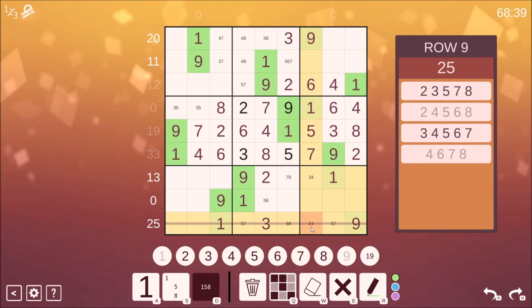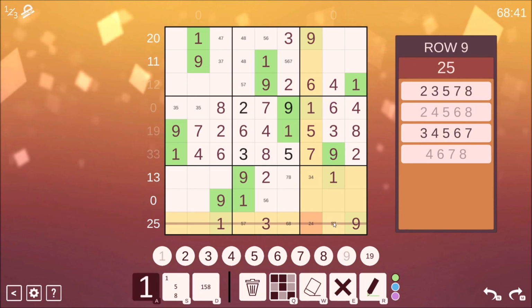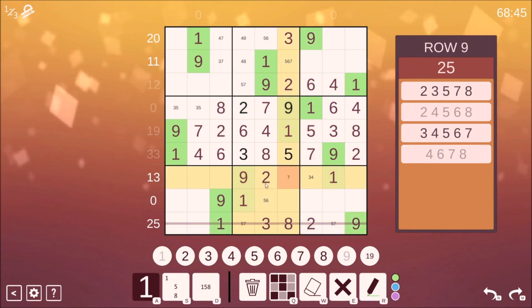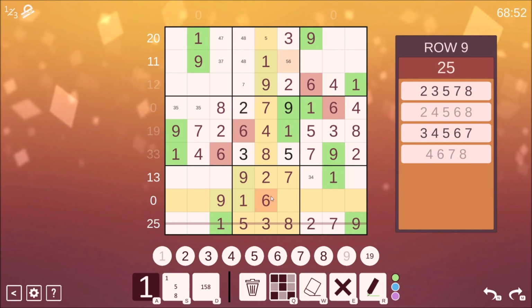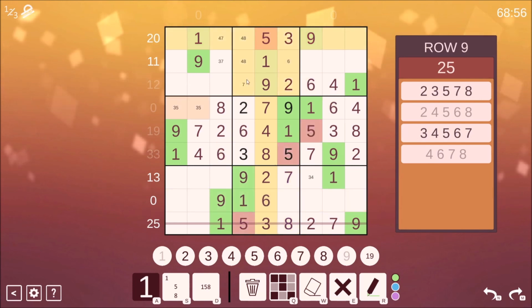So we actually cannot have a 4 here. This has to be a 2, 8, which gives us a 7, 5, 7, 6, and you can see our pencil markings are coming in useful that we made earlier.